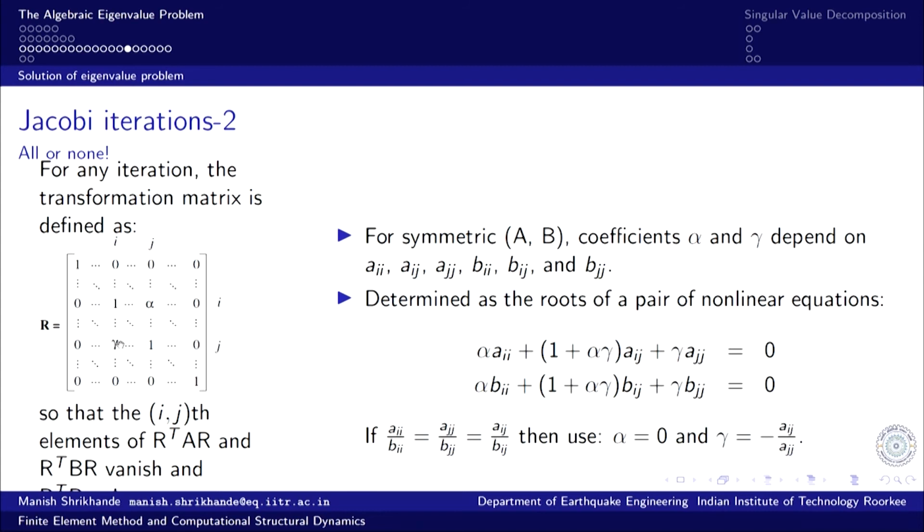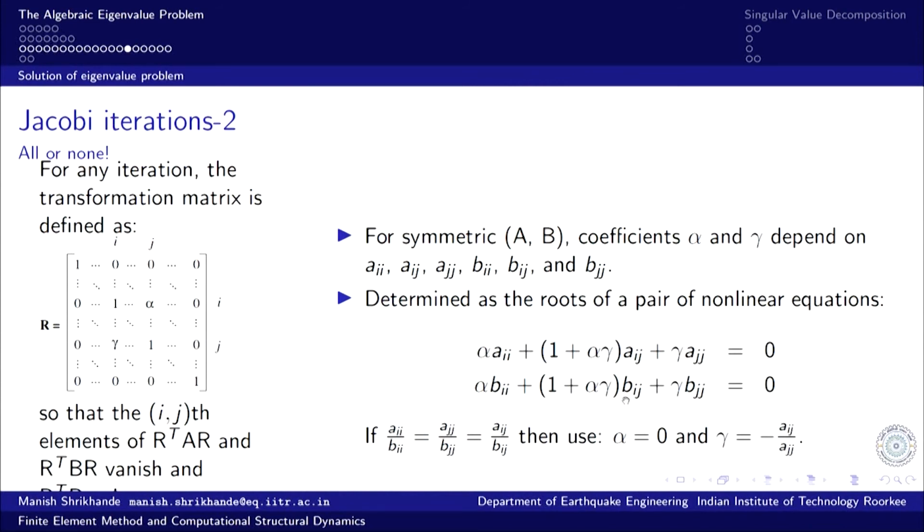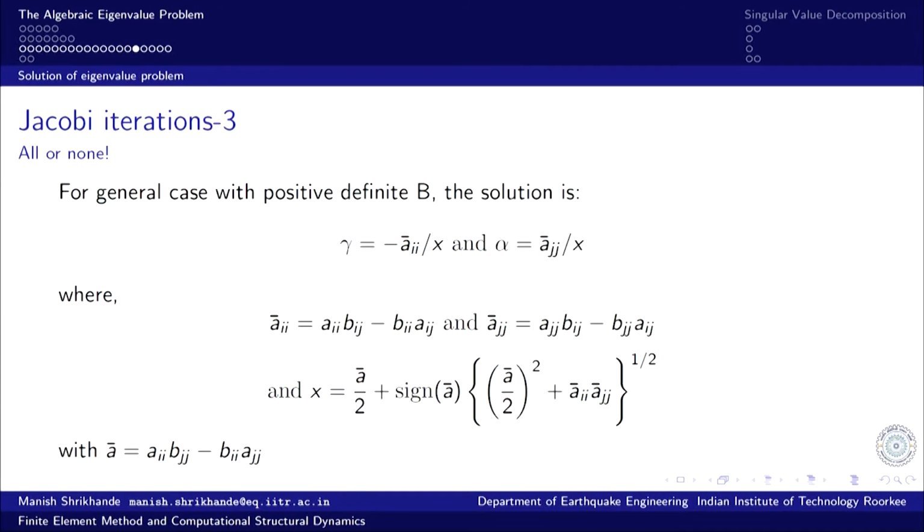You can see that there are two elements which make this rotation matrix different from the identity matrix, and these coefficients are evaluated from the solution of these equations. Eventually, this is what we have for positive definite B. The solution can be obtained for these nonlinear equations.